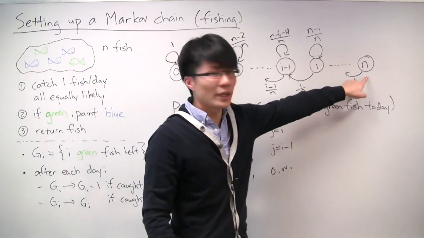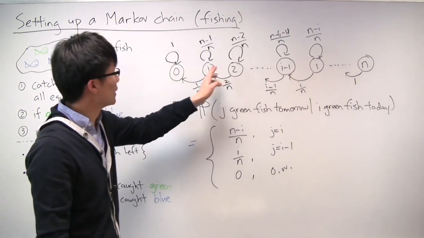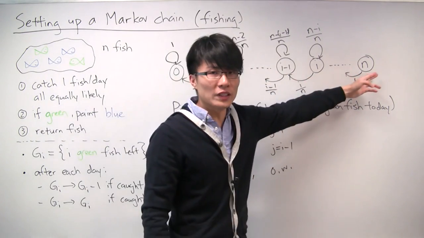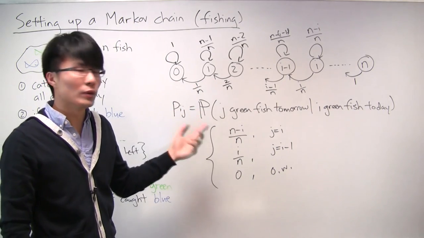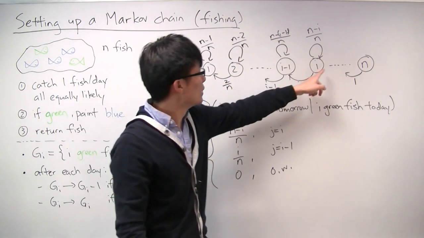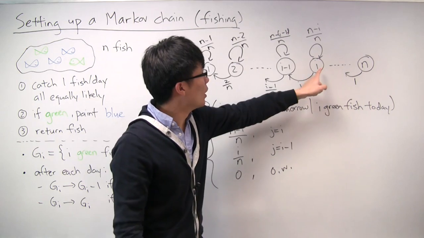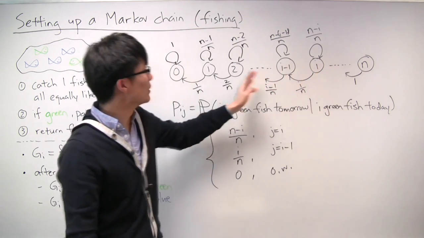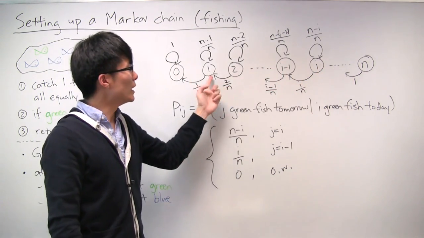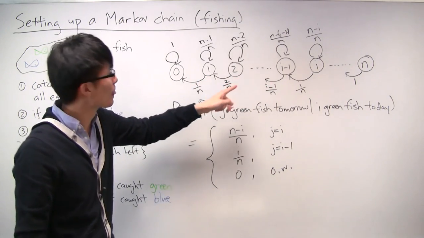And so n is transient. Similarly, we can use the same argument to show that all of the states from 1 through n are transient, because there's no way to generate more green fish. The chain can only stay at a given state or go down 1, so it always goes down. It can only go left, and it can never go right. So once you leave a certain state, there's no way to come back.